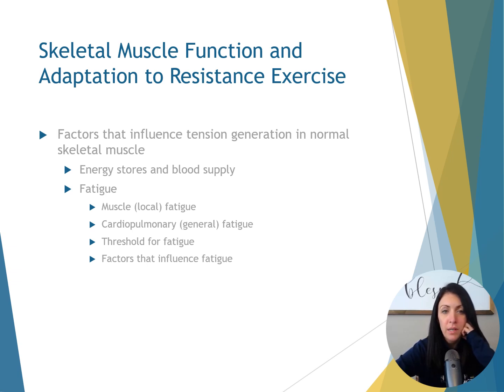Each of these factors contributes to the magnitude, duration, and speed of force production and the muscle's susceptibility to fatigue. So with energy stores and blood supply, the muscle needs adequate sources of energy to contract, to generate tension and to resist fatigue. Muscle also requires an adequate blood supply to provide the tissue with oxygen and nutrients and to transport waste products from muscle to other organs. The degree of vascularization is related to the predominant fiber types that constitute the tissue, which directly affects the fatigue profile of the muscle.